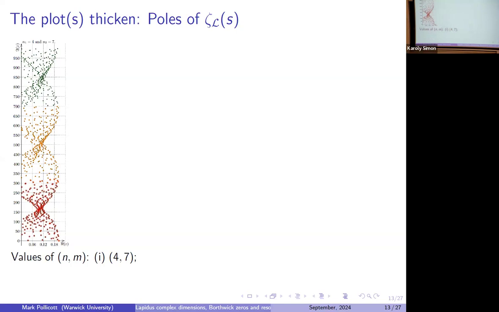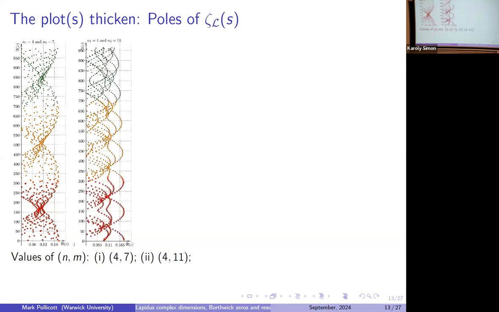And here is a picture. These little dots are the poles of this zeta function, at least in this strip, going up as far as one can reasonably expect to go, until your computer gets bored, which in this case is an imaginary direction up to 950. It has a kind of swirling pattern like that. So that's in the case that we take n and m to be 4 and 7 respectively.